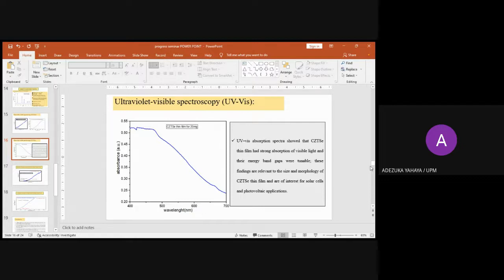So that is the peak I used to calculate the absorption of the films, and that's why we have a very strong absorption for the material. Also, that is the absorption of the whole material, the Cdtsc thin film. So that is the photoactive layer, the absorption of the host material. Yes, that's the same thing. Okay, understood. Thank you.